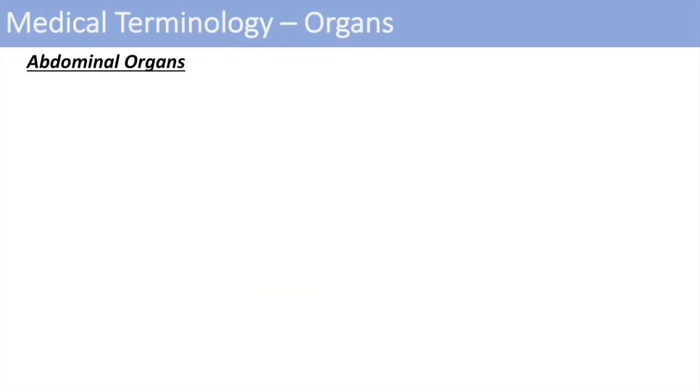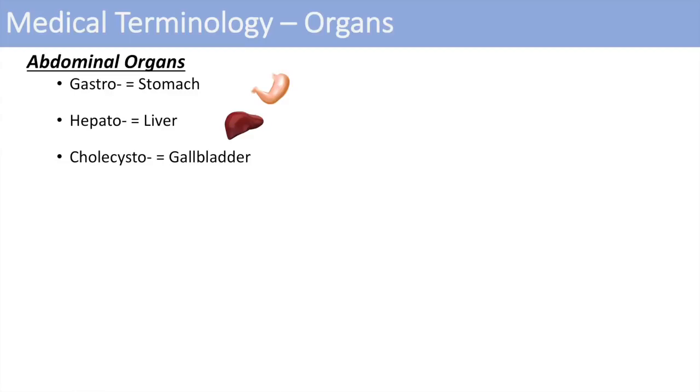The next organs I'm going to get into are the abdominal organs. So gastro for the stomach. Hepato for the liver. So you may have heard of hepatitis or hepatocyte. So they all relate to the liver. One that you may not have heard of is cholecysto.